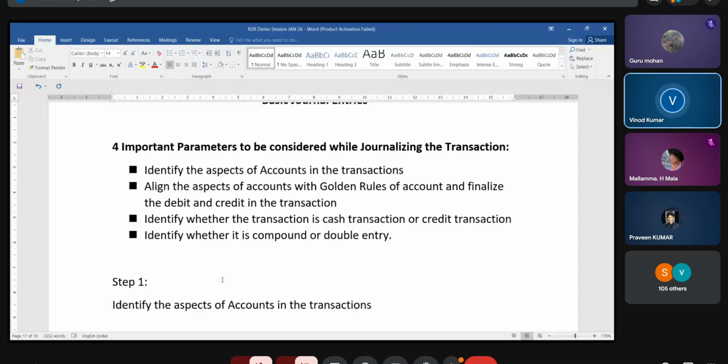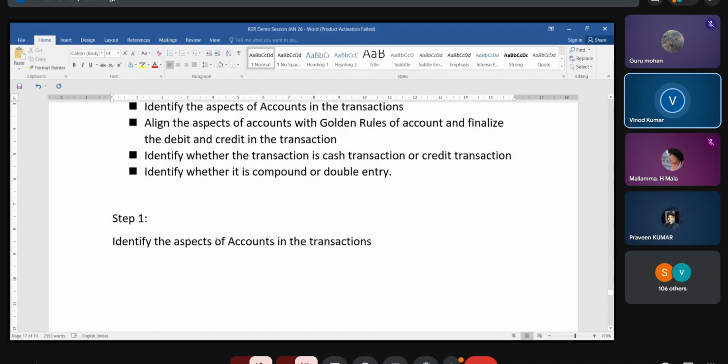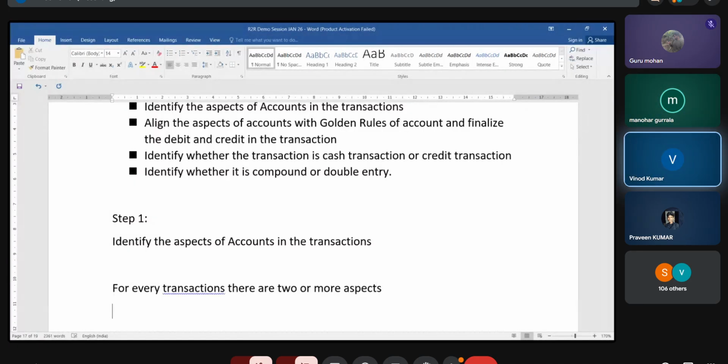So how many aspects are there in a transaction? For every transaction, there are two or more aspects.